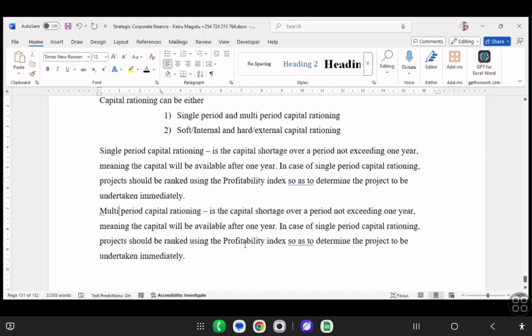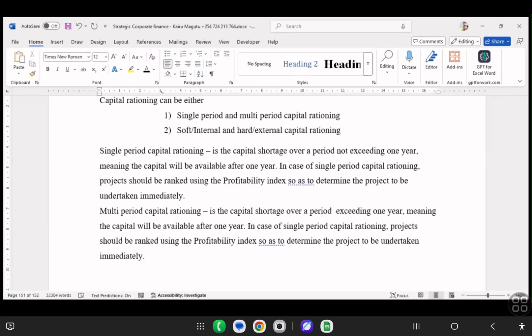Multi-period capital rationing is the capital shortage over a period exceeding 1 year, meaning the capital will not be available even after 1 year.